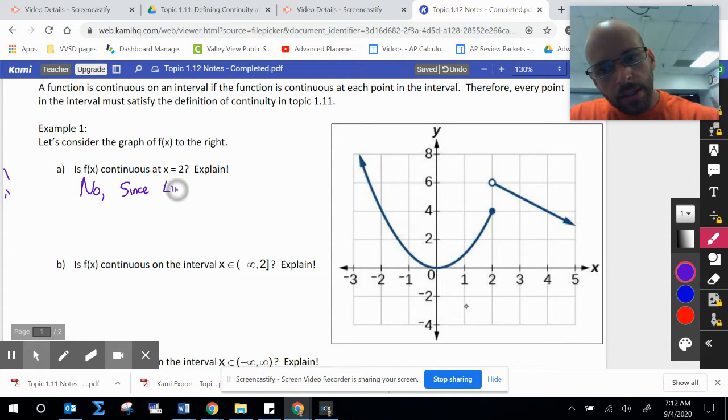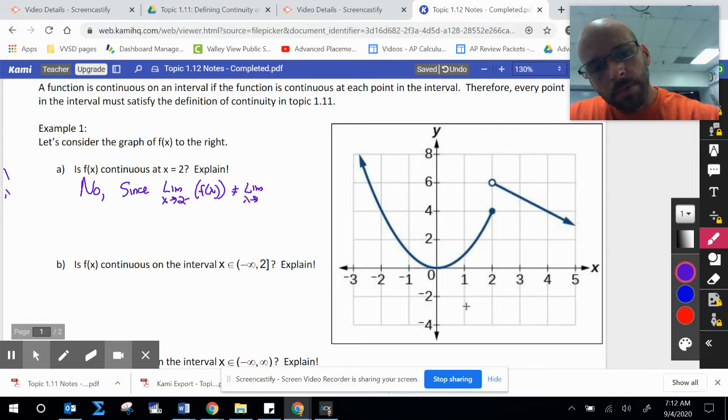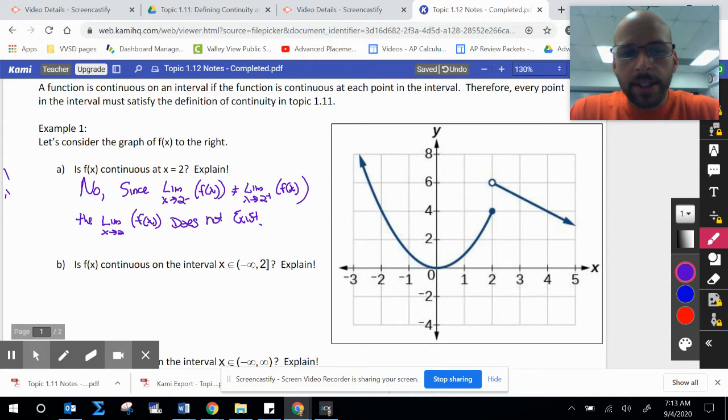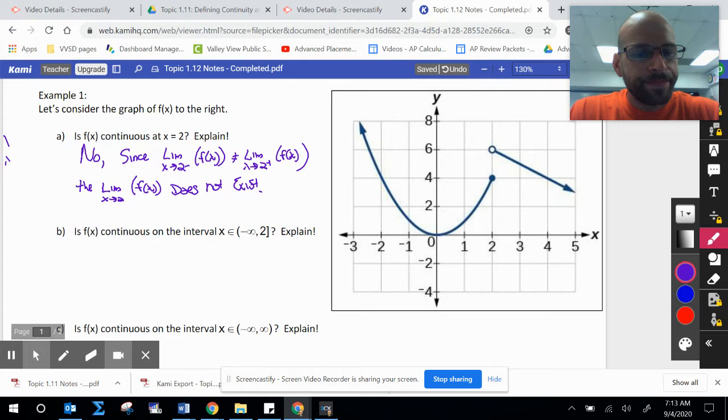Since the limit as x approaches 2 from the left of f of x does not equal the limit as x approaches 2 from the right of f of x, the limit as x approaches 2 of f of x does not exist. Okay? Since the limit doesn't exist, we know that it can't be continuous.